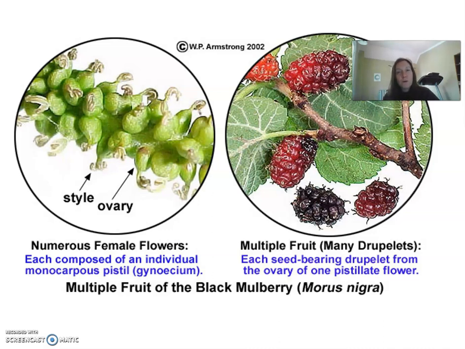They're not that common, but they do grow around here. Some people have them in their gardens or have planted them as fruit trees. They're interesting. But when you slice it open, it doesn't have the hollow part that a raspberry does. It's solid all the way through, similar to what a pineapple is.